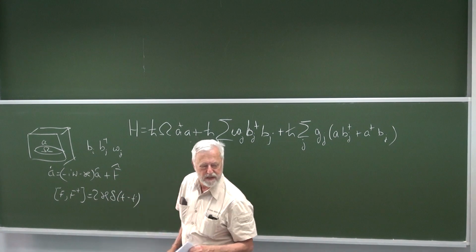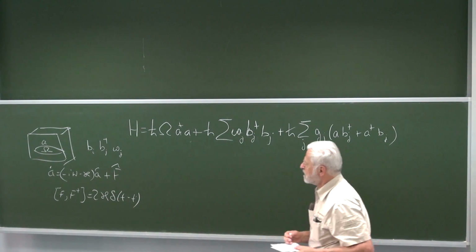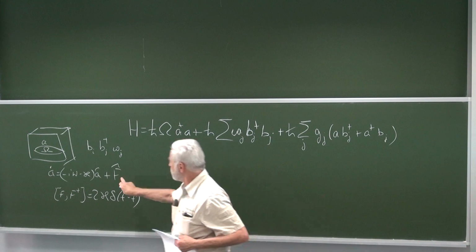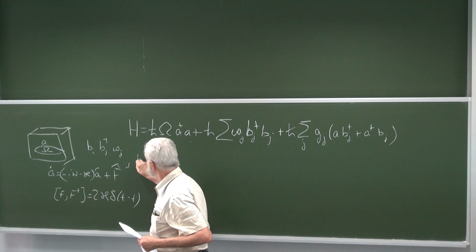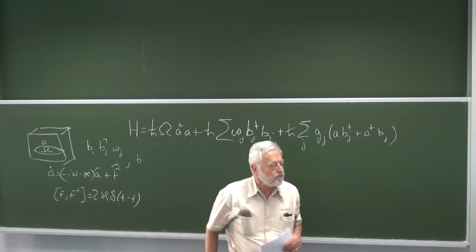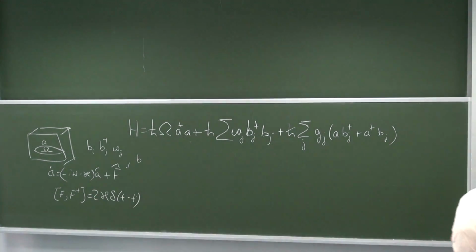There is some kind of smearing that pops up. But such a term is, of course, present, and this term is a combination of all these b operators. That's it.